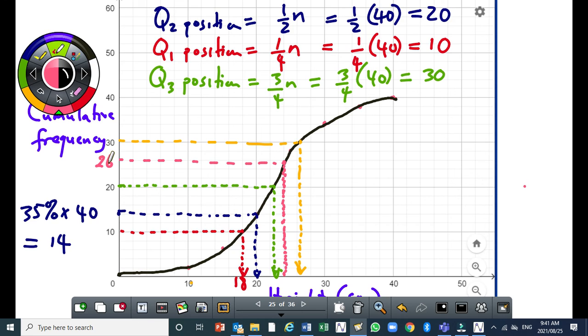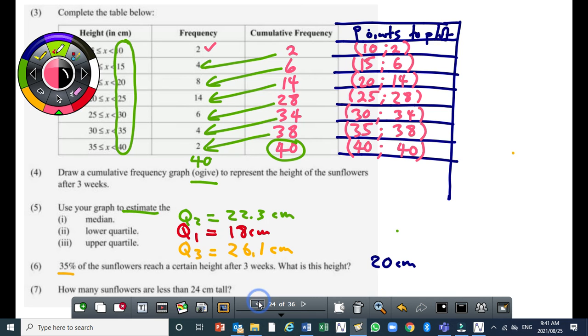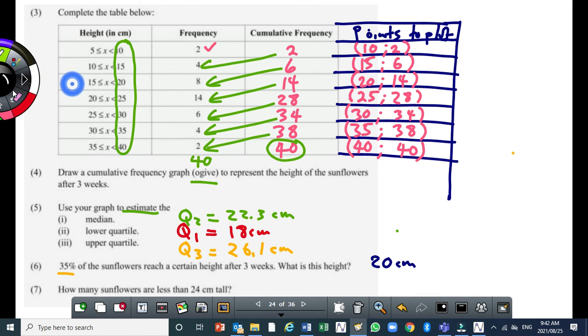How many of them got less than 24 centimeters? The answer is going to be 26. Now, if you look at the table, 26 is in this interval here. Let's check if the answer that we get from the ogive is right.